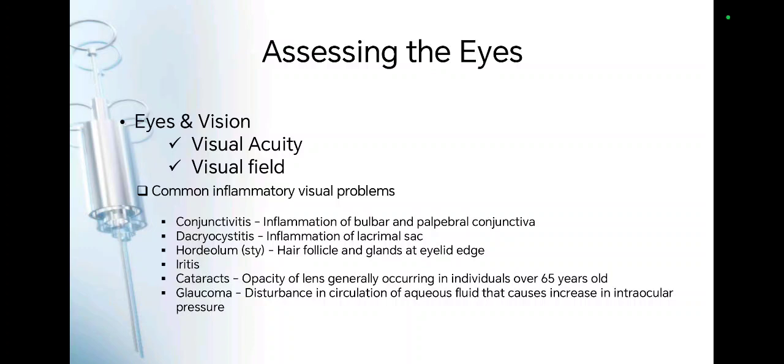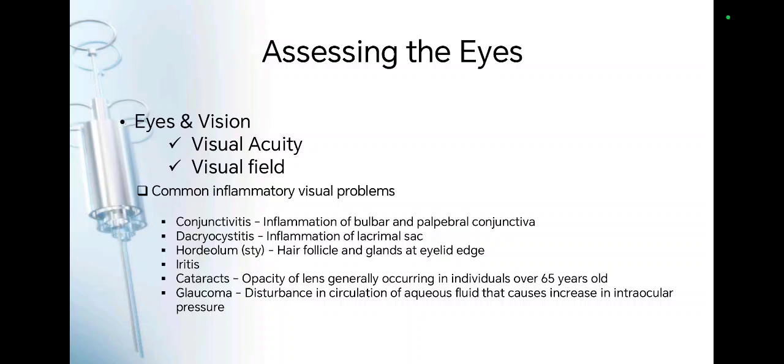Now, if it's inflamed, either you produce too much tears, or you stop producing tears. Then we have here hordeolum or sty. The hair follicle and glands at the eyelid edge are inflamed. And then we have iritis, or inflammation of the iris.